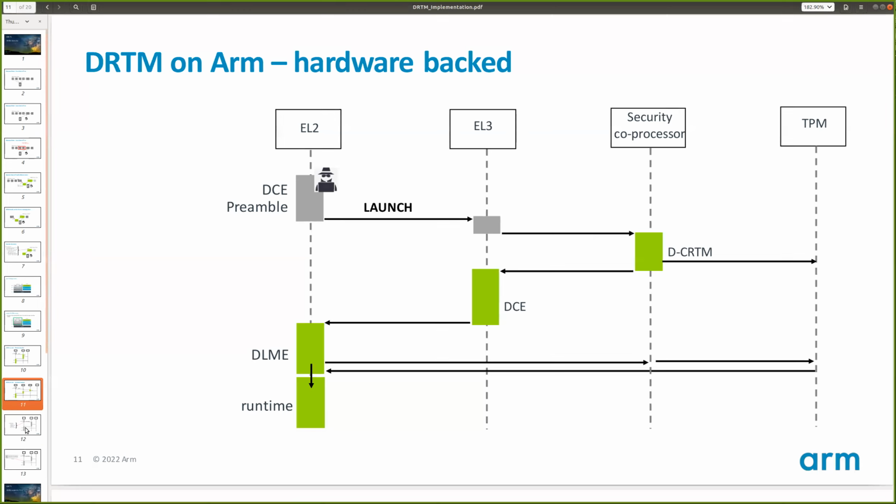So there are two implementations supported, firmware-backed and hardware-backed. And in the hardware-backed case, as you can see here, you basically have a smaller root of trust that is in this smaller isolated coprocessor.